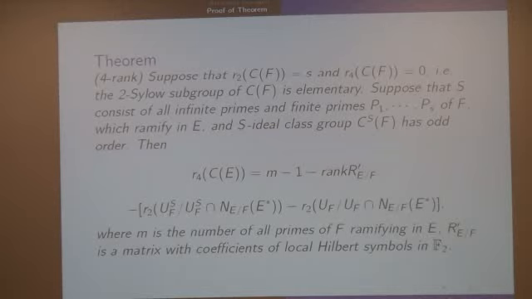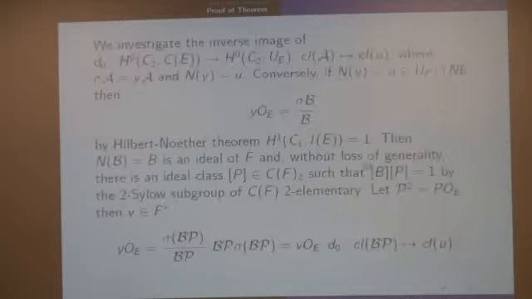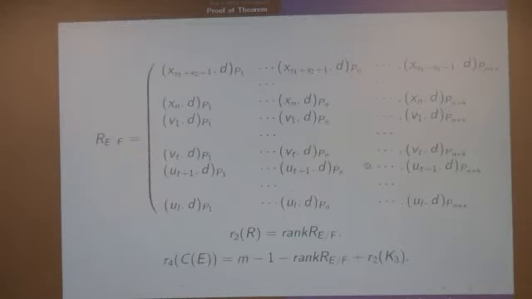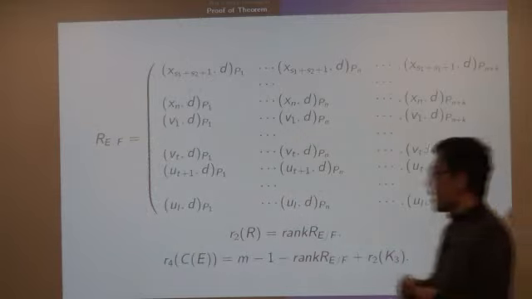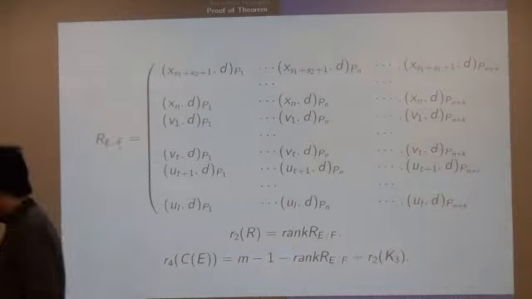So let's review. Let's see the ramified primes. We can also see these primes in F. This is X1, X2, up to XSN. Just H3.